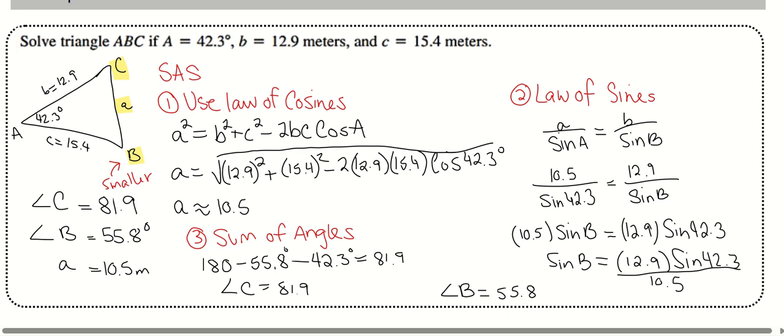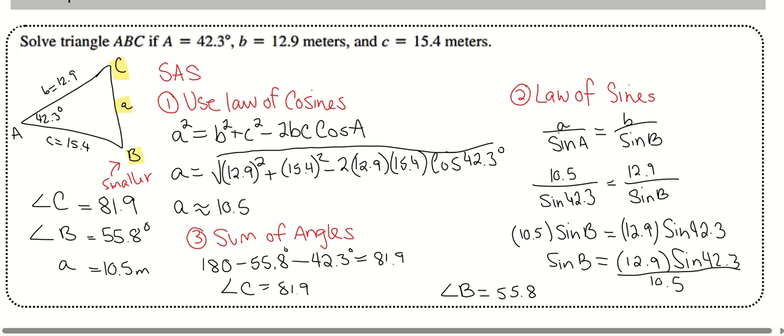And again, right, how do we know our calculations were right? Well, angle C happens to be the bigger angle, so we know that it's going to correspond with the biggest side, which is 15.4. Angle A was the smallest angle. Little a was 10.5, which is the smallest side. Another thing that you can look at is the triangle inequality.